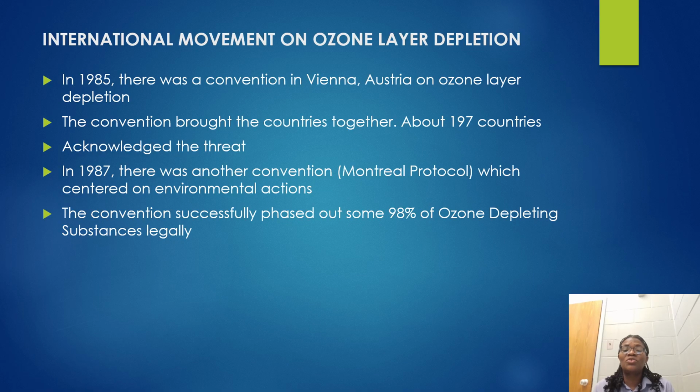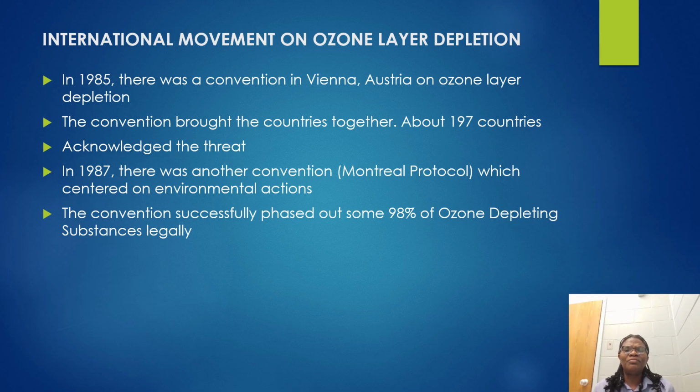The first thing was to acknowledge that there is a threat of depletion of the ozone layer. With the threat, the countries had to agree that there are some products being produced that emit ozone layer depleting substances. So the countries present in the convention agreed that there was a threat.